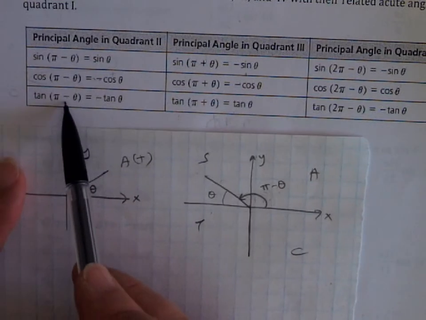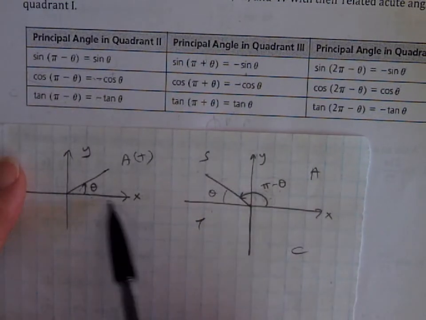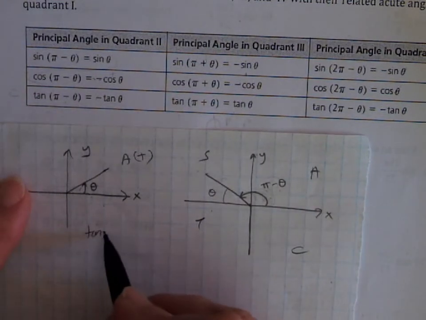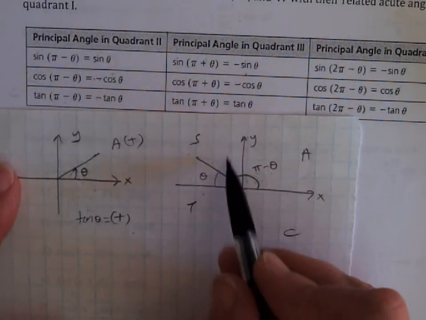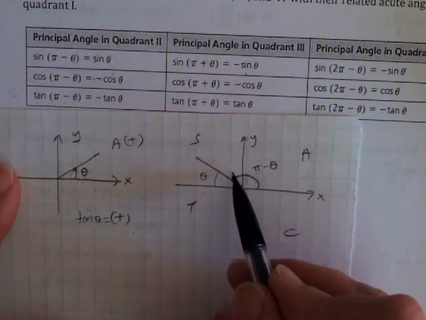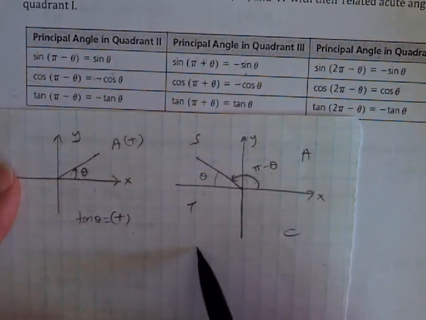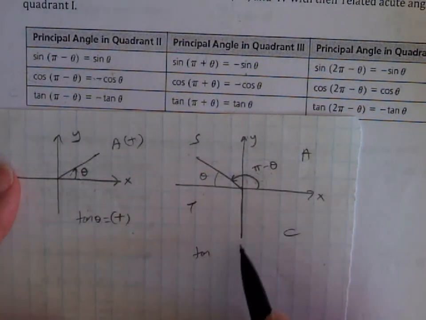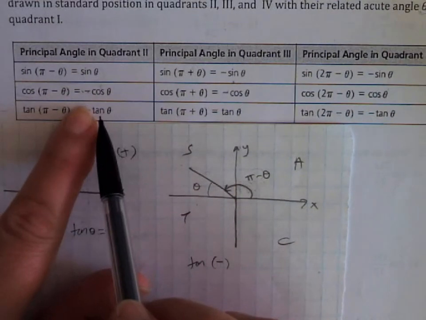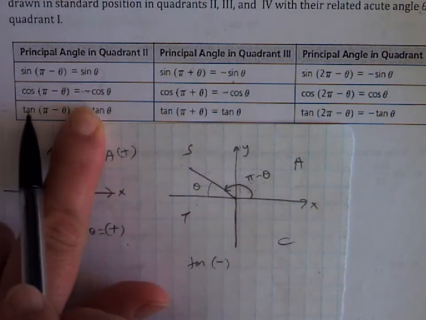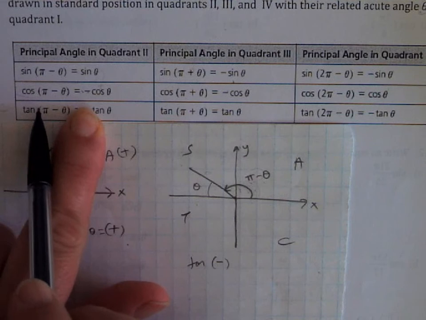So how about tangent? You know that tangent theta is positive, okay, but here in the second quadrant tangent is negative. So this tangent is positive, tangent pi minus theta is negative.